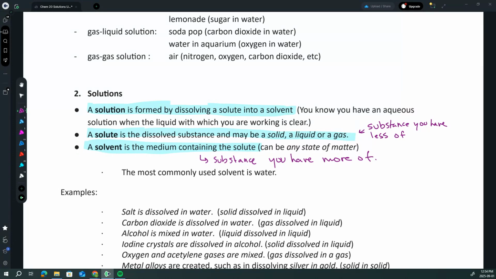So if we're talking about making a solution of Kool-Aid, you have the Kool-Aid powder that you're going to put into the water. The solute is going to be the Kool-Aid powder, and the solvent is going to be the water that you stir it into. And once it's all stirred up, then you've made a solution of Kool-Aid.